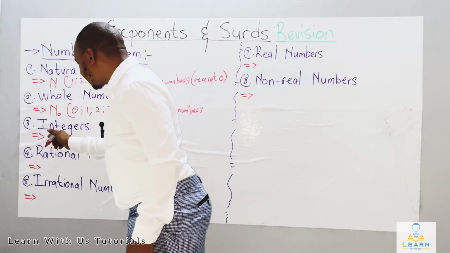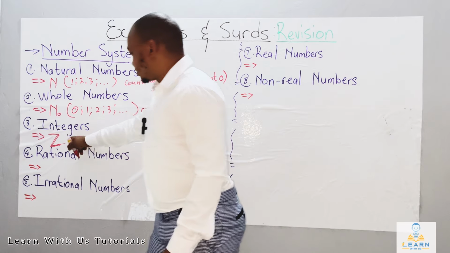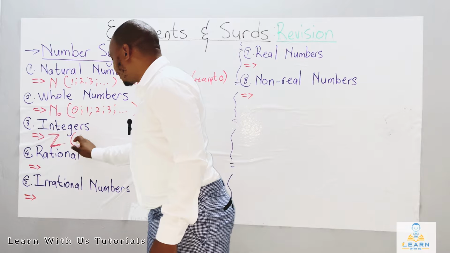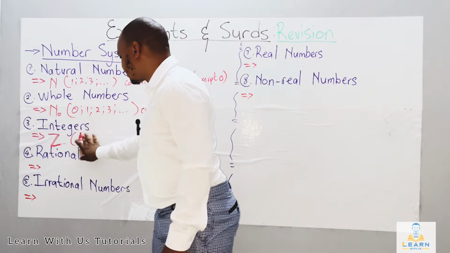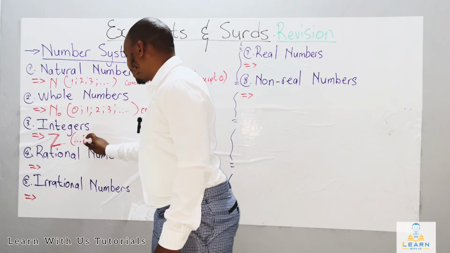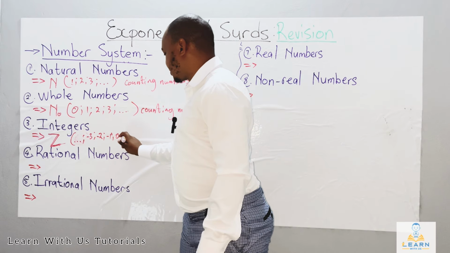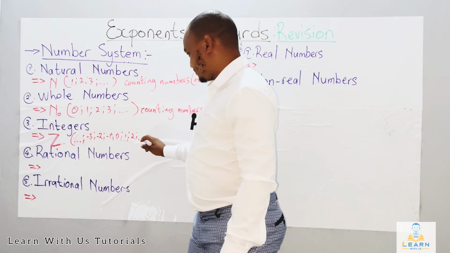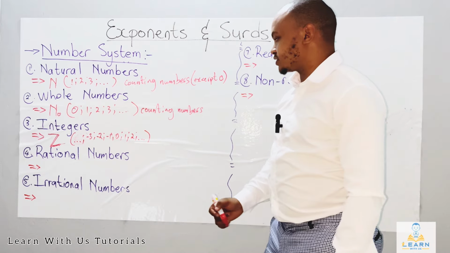This would be the symbol for integers, a capital letter Z. Starting from -3: -3, -2, -1, 0, 1, 2, and so on. Negative numbers, positive numbers, including 0.